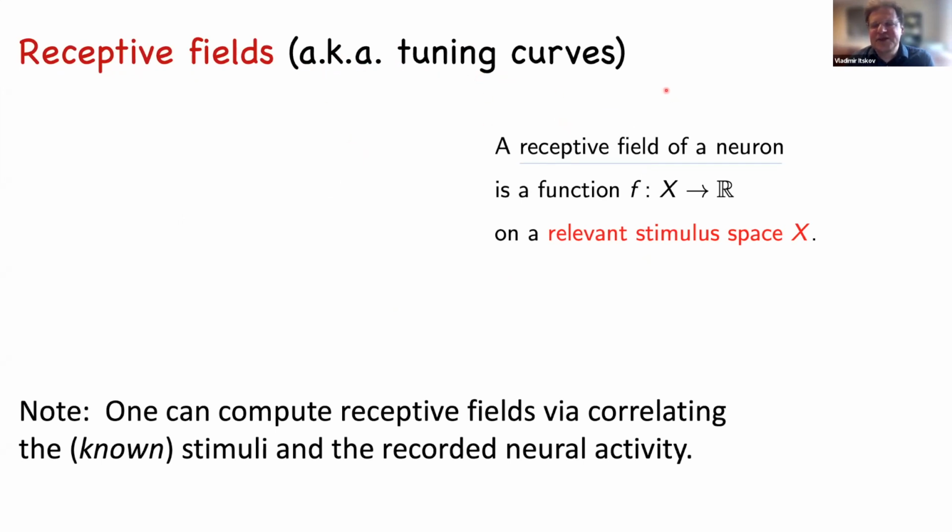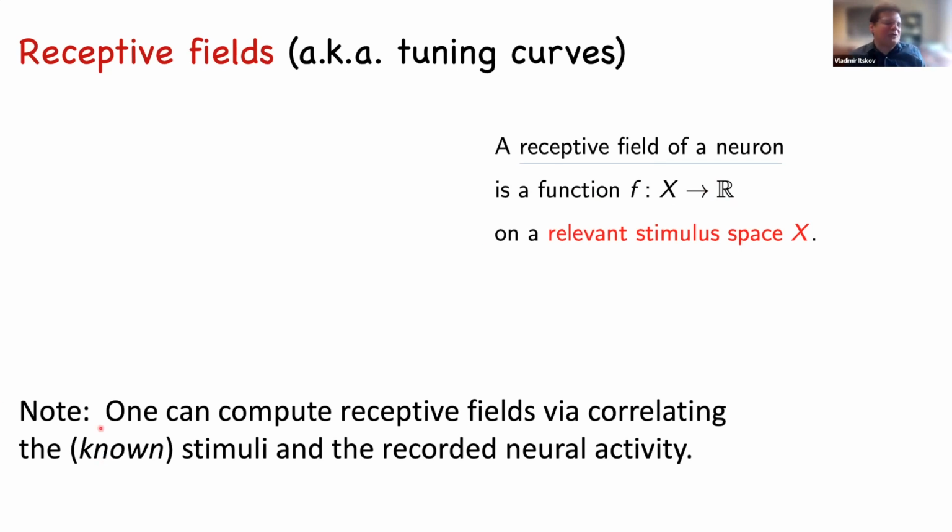Let's say we have a single neuron, and X is a space of relevant stimuli. Then a receptive field is simply a function that takes a point in the space and produces, let's say, a non-negative number, which is, say, firing rate. So you can think of this as a function from stimulus space into the values of firing rates.